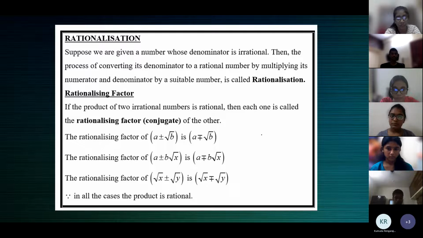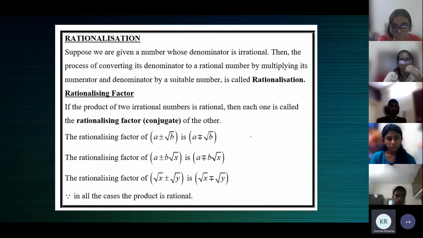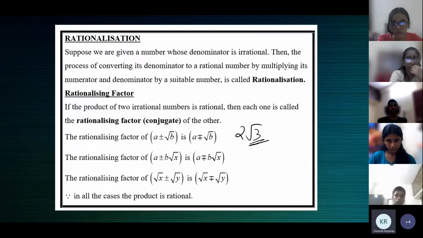Ma'am, I have a doubt. Yes. Ma'am, if 2 root 3 is a surd, is the whole expression counted as a surd or only the root 3? The surd is the one which has an irrational value. So in 2 root 3, the entire thing also has an irrational value.